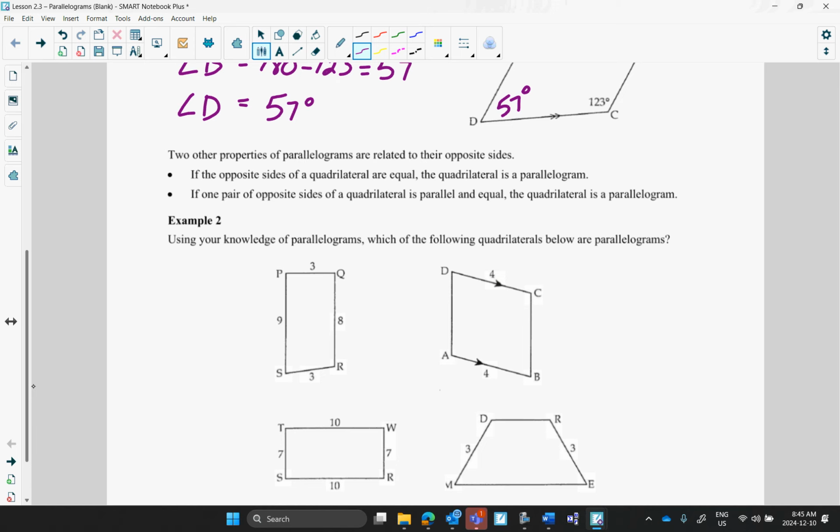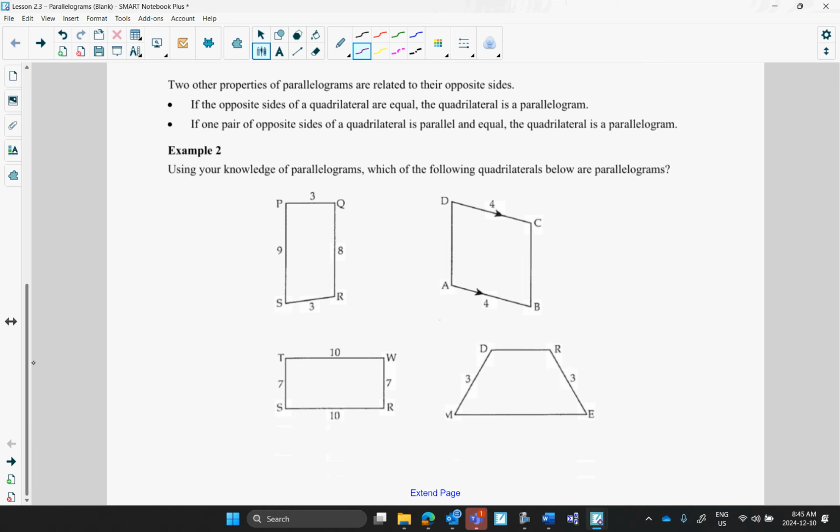So if we look at these examples to see which ones are parallelograms and which ones are not, well, here, first of all, we've got one pair of opposite sides that are equal, but are they parallel to each other? Do they look parallel?